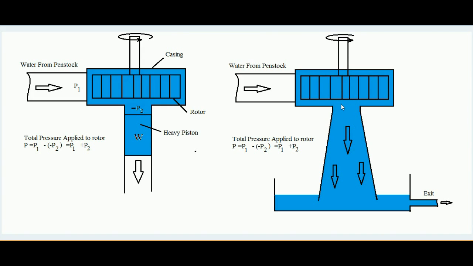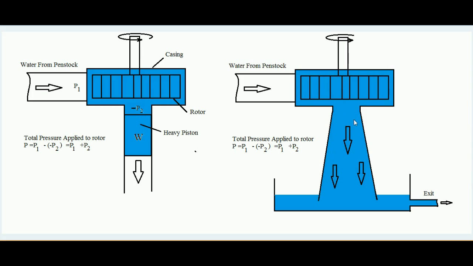So a greater pressure difference between the inlet and outlet can be obtained, and it leads to a greater amount of work done over the runner. In case we are not using a draft tube, the runner will still work, but the amount of work done will be lesser. So the draft tube enhances the work done developed over the rotor.